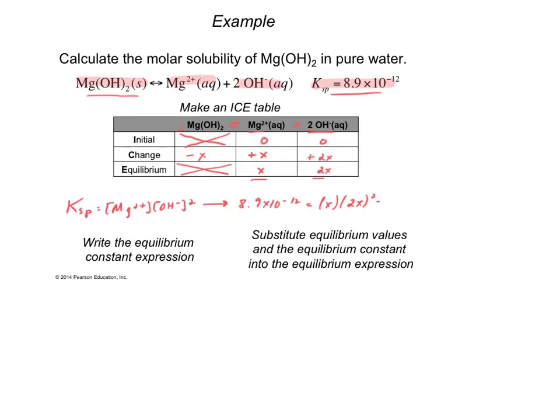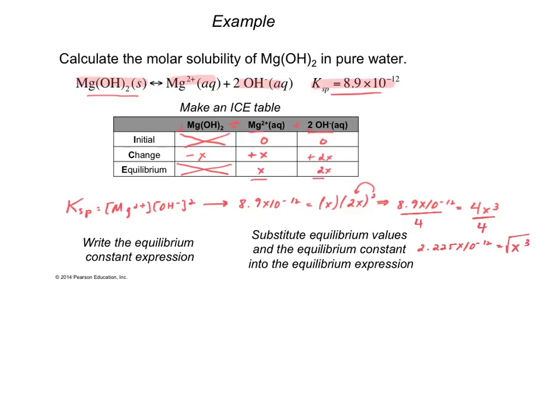So when I simplify things, I'm left with 8.9 times 10 to the minus 12 is equal to 4x cubed. Because everything in here is squared, so that's 2x squared times an x, which is 4x cubed. As I solve for this, I'm going to divide by 4. That gives me 2.25 times 10 to the minus 12 is equal to x cubed.